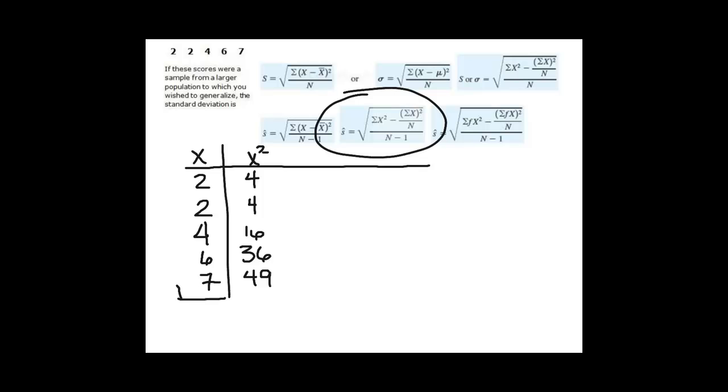Now we need to add them up. 2 plus 2 plus 4 plus 6 plus 7 equals 21. And 4 plus 4 plus 16, that gets me to 24, plus 36 is 60, plus 49 is 109.